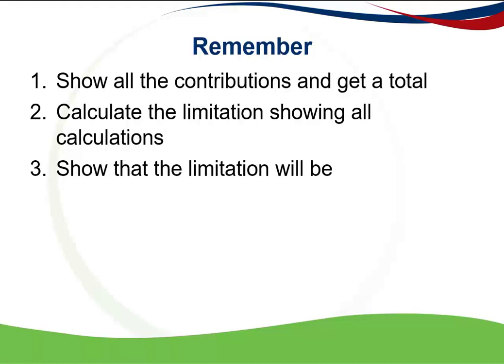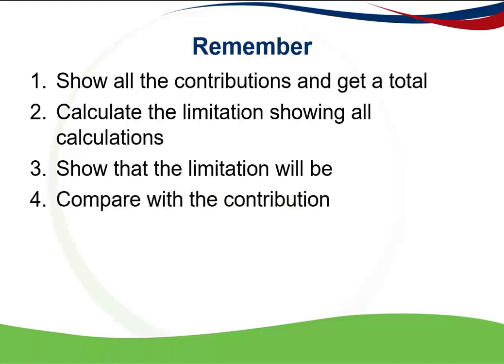A lot of students just merely add up the total, put the three limitations down and then say deduct this amount. So you need to say, well, here's the contributions and it's going to be subject to this limitation by applying the lesser of those three requirements for the deduction.